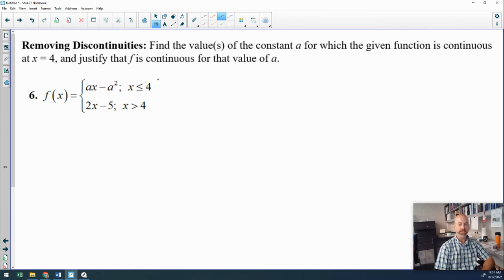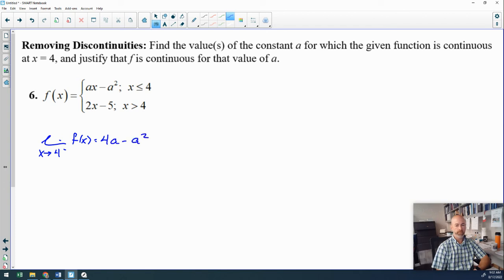Show that this function f is continuous at x equals 4, and we have to determine the value of a that makes that happen. So the limit as x approaches 4 from the left of f of x would be a times 4 minus a squared.